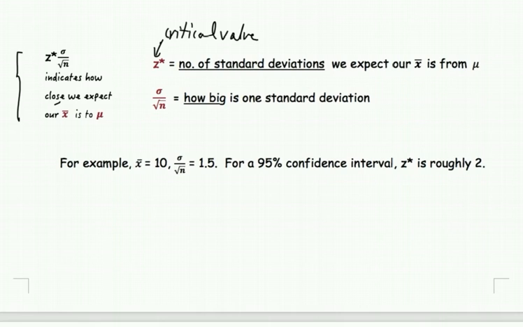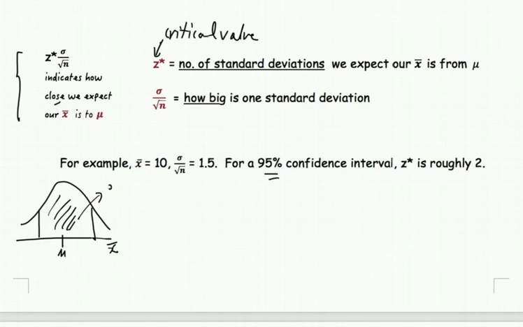Let's say we want to construct a 95% confidence interval. Our z star, our critical value, is roughly 2. What does that mean? So this is mu. So the middle area is 95%.